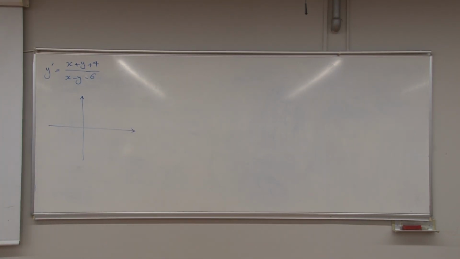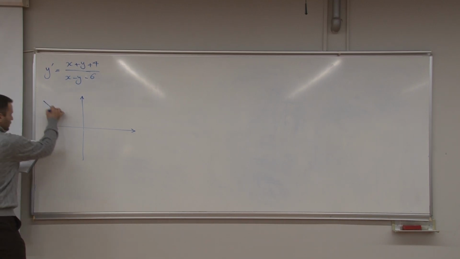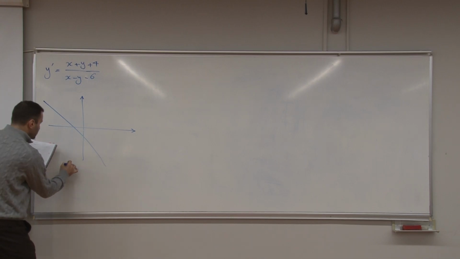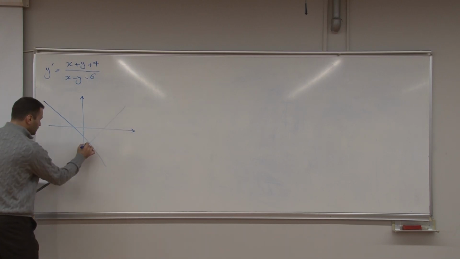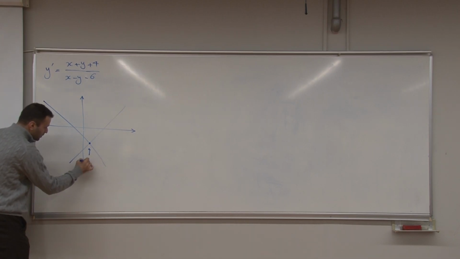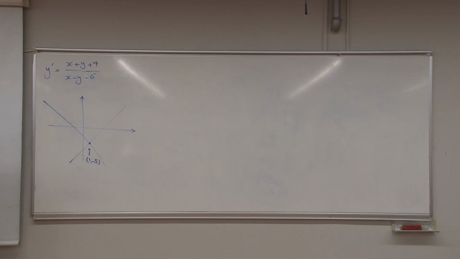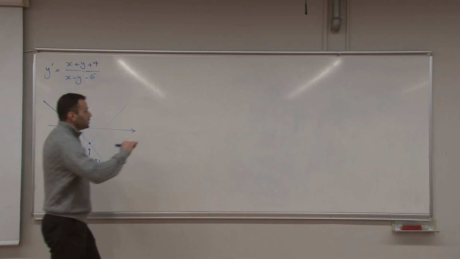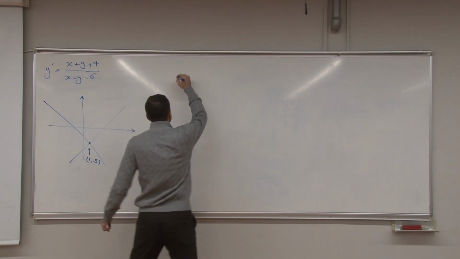So, can I copy your image? It is looking something like this and something like this. Okay, thank you. And what is this point of intersection? 1 and minus 1. Okay, let's do this change of variable that we had.